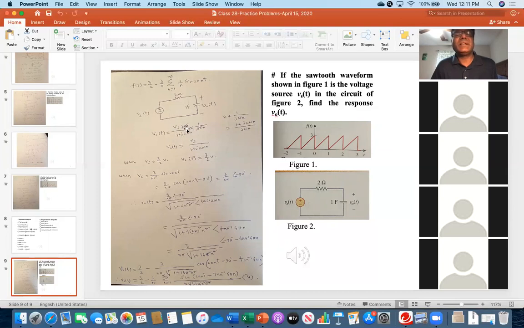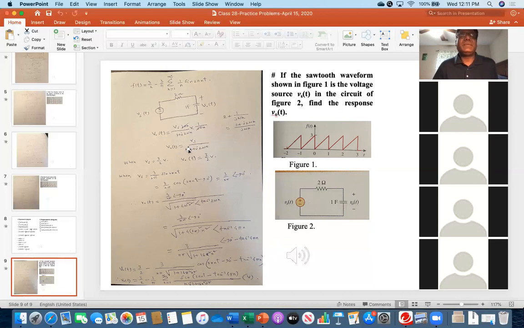This is the current, and I am multiplying by the impedance, which gives me the voltage. So j omega n cancelled, and I got V naught equals Vs over 1 plus j2 omega n. Does everybody understand this calculation? So far, so good. Okay, great.